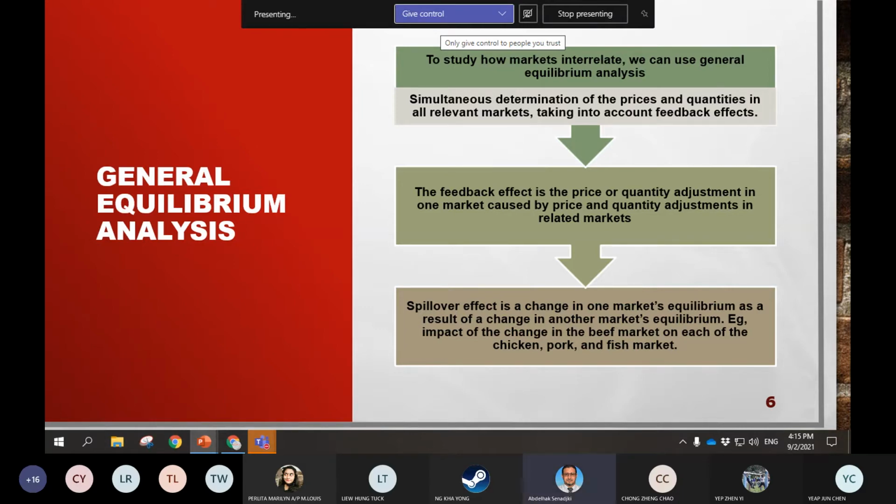When demand for petrol decreases, the price automatically decreases. Let's say we don't have a lockdown, this will encourage more people to use private transportation rather than public. So it will affect the demand for public transportation.